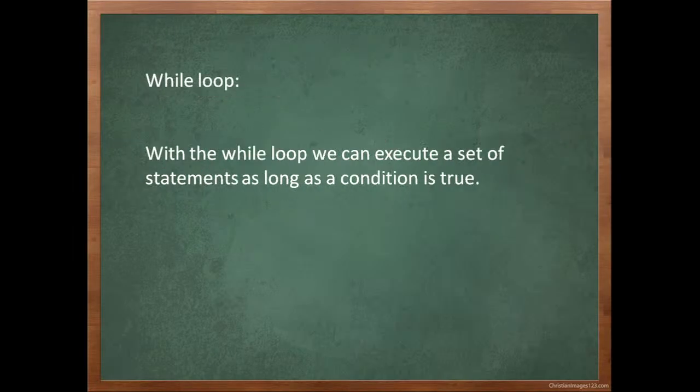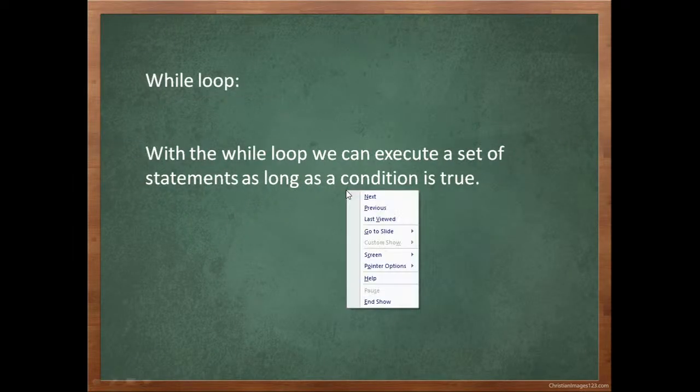So let's see about the while loop. A while loop is the same as an if condition, but an if condition won't iterate the source code inside it, while a while loop is used to iterate the source code inside it until the condition is satisfied.